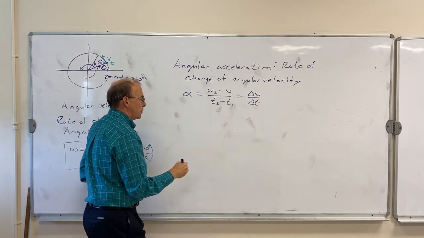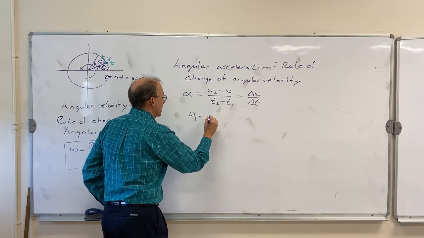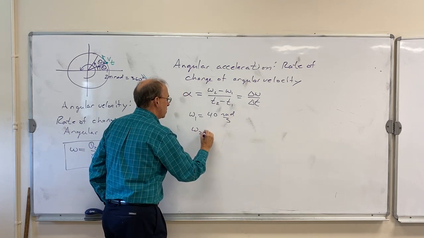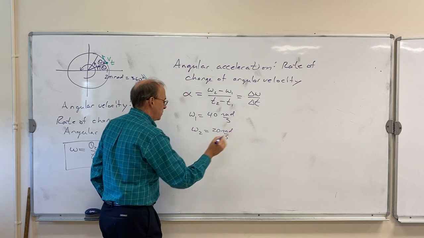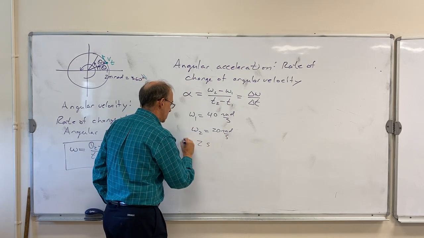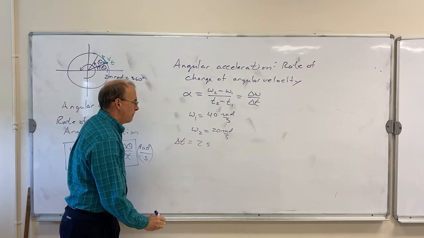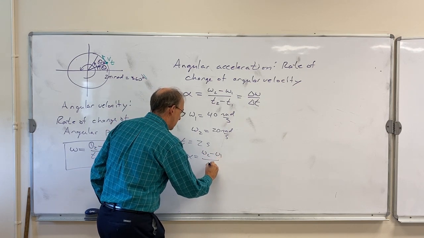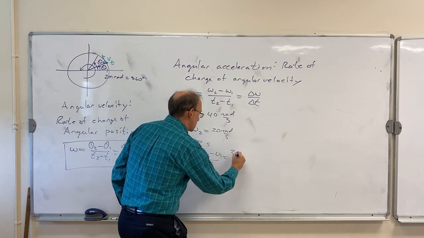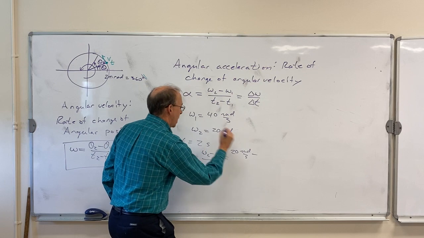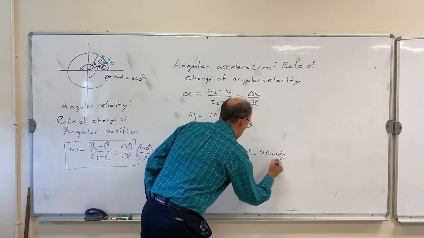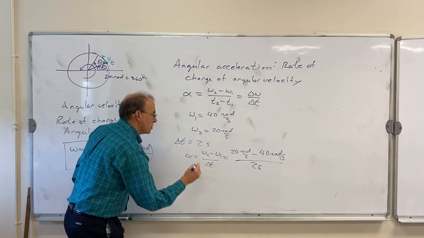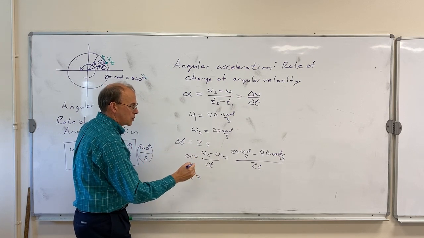So if something, for example, slows down from some omega 1 equal, I don't know, 40 radians per second to some omega 2 equal 20 radians per second, and it takes 2 seconds to do that, then that would mean alpha is omega 2 minus omega 1 over T2 minus T1 is delta T. So that's 20 radians per second minus 40 radians per second over 2 seconds. 20 minus 40 is minus 20, over 2 is minus 10.